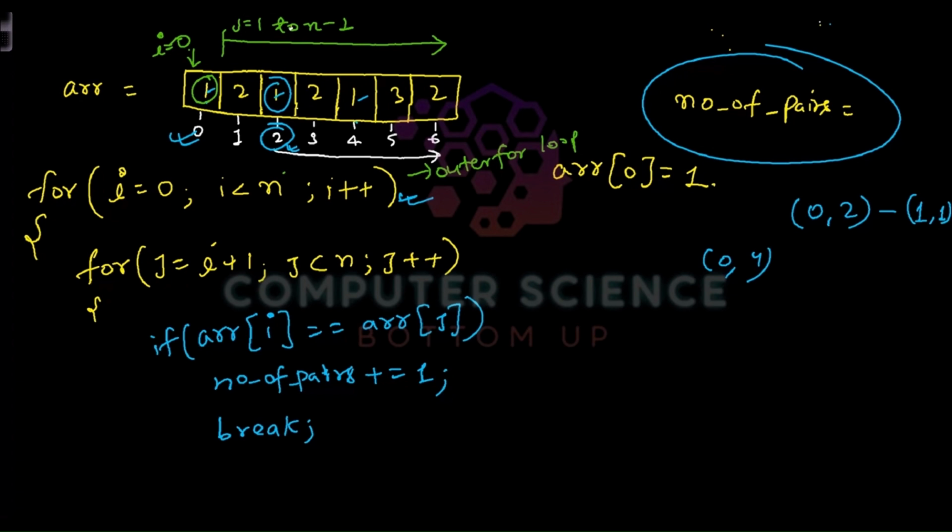So whatever the construct for the nested for loop, the indices involved in a pair may change, but effectively the number of pairs will be the same, right?